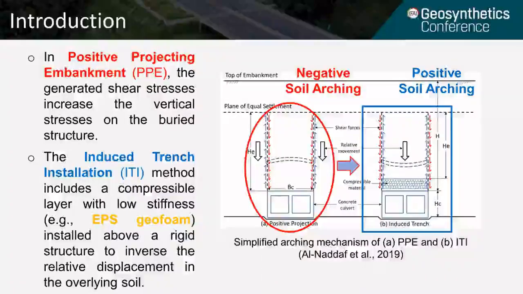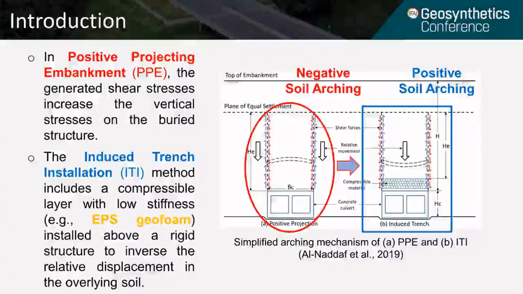So the two construction methods that we have relating to culverts are the positive projecting installation, in which the culvert is put in place and the soil column on the top of the culvert has less settlement than the surrounding soil.